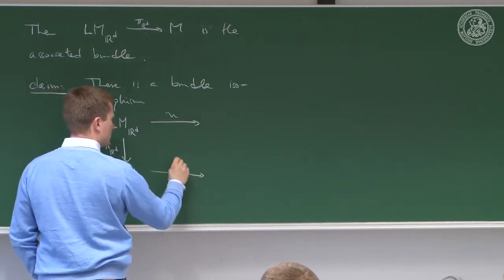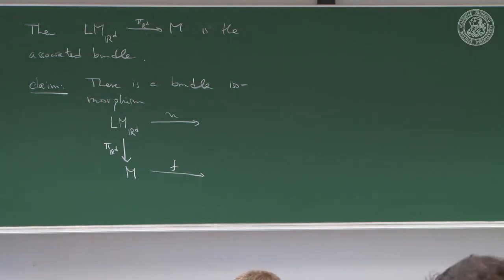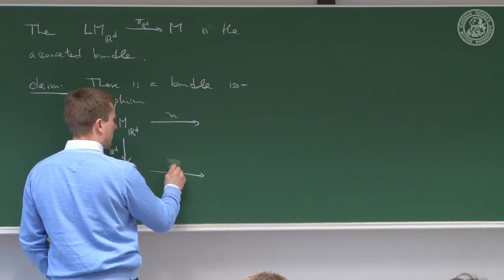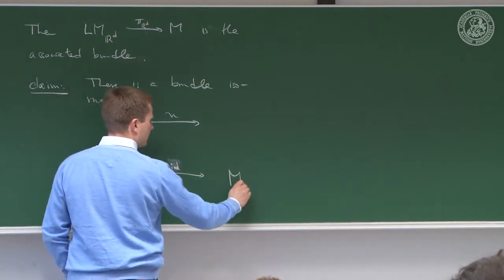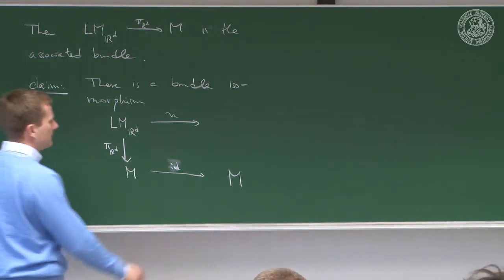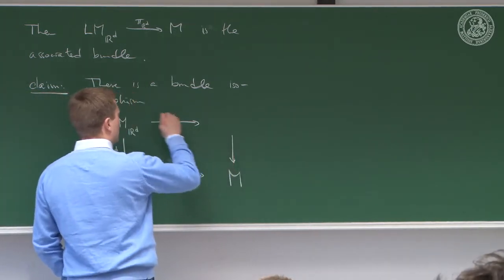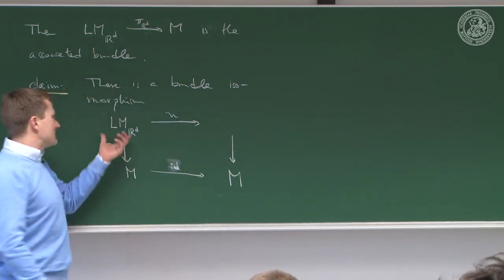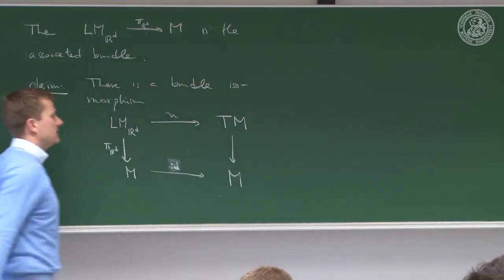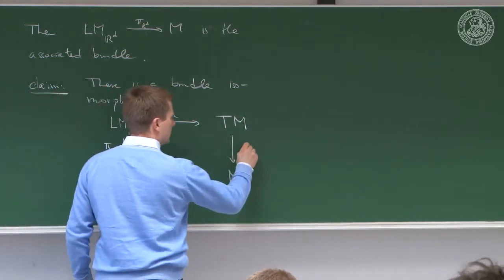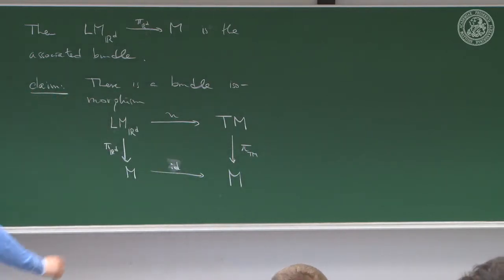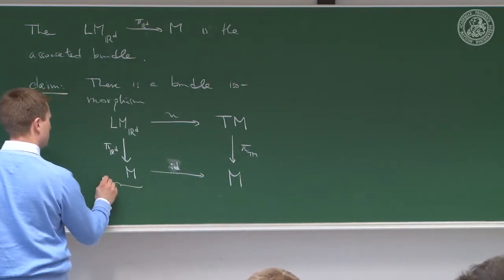You know, a bundle morphism always consists of two maps. It consists of a map between the base manifolds, but there I use the identity, so it's a very special bundle map even. Bundle isomorphism, M to the same base space, that takes you from the such constructed associated bundle to the well-known tangent bundle over here, and that's the pi map of the tangent bundle. Okay, so this thing we just constructed.